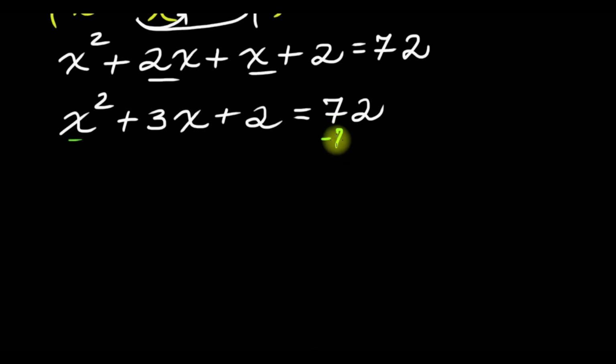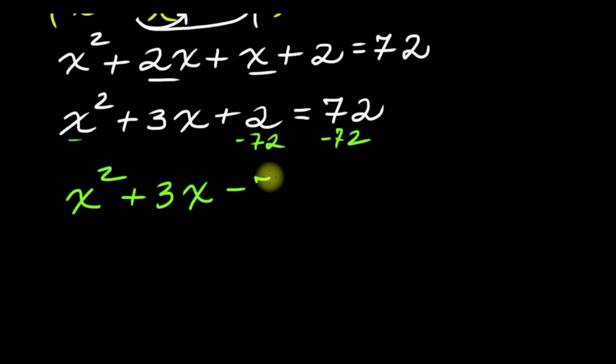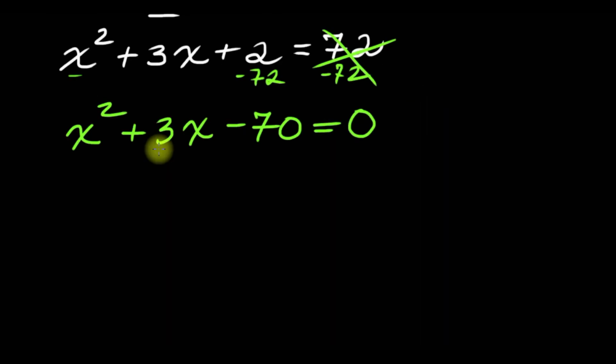So I would have to subtract 72 from both sides. So my new equation is x squared plus 3x minus 70 equals 0. 72 minus 72 is 0. I'm going to try to solve this by factoring. Hopefully I can do it because this will save me a lot of time.